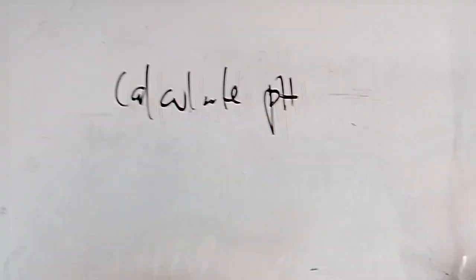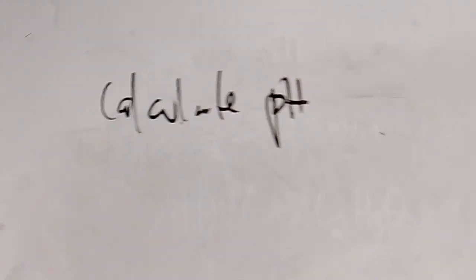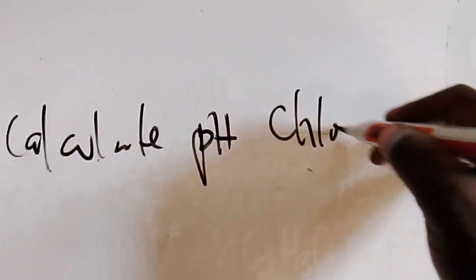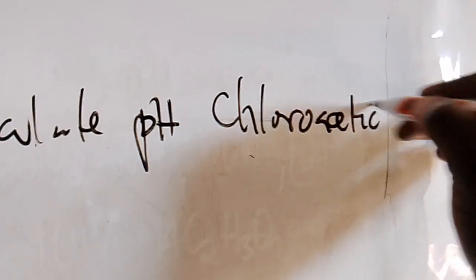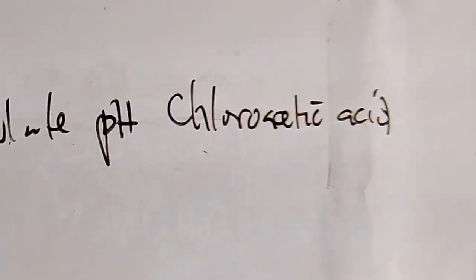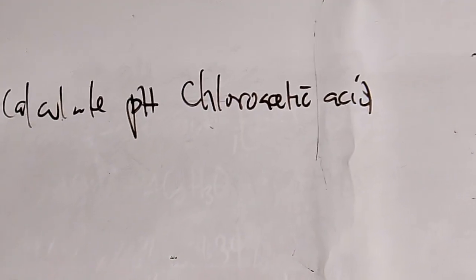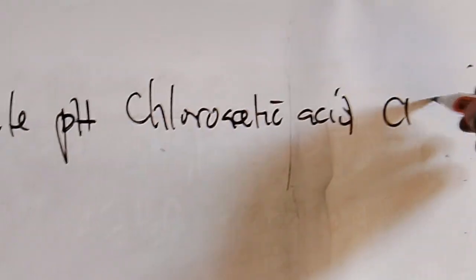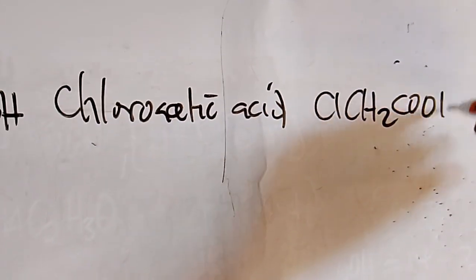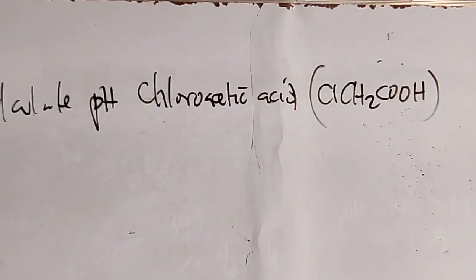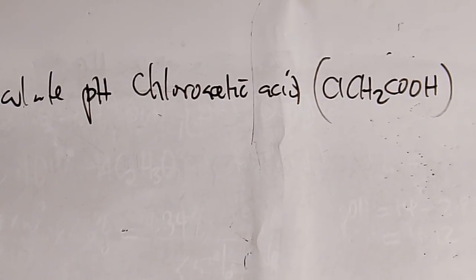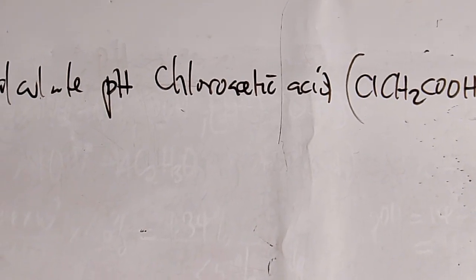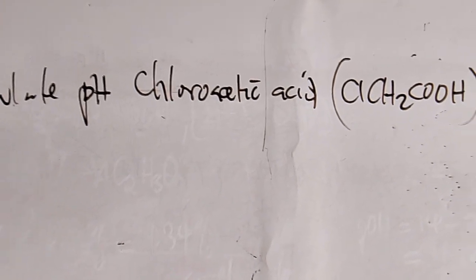Calculate the pH of chloroacetic acid, which has the formula ClCH2COOH.